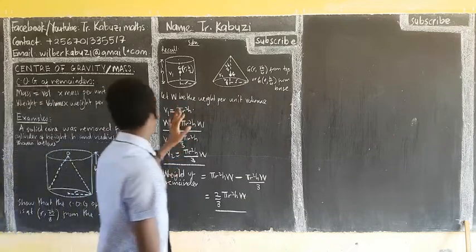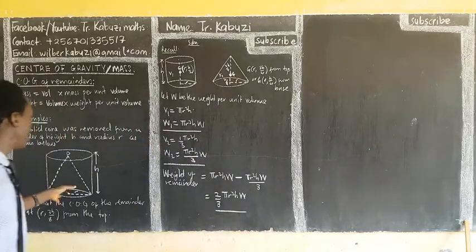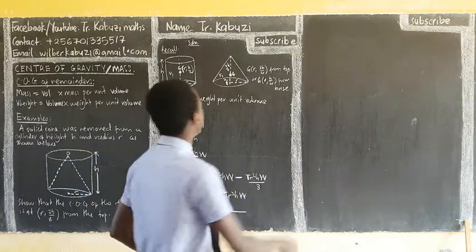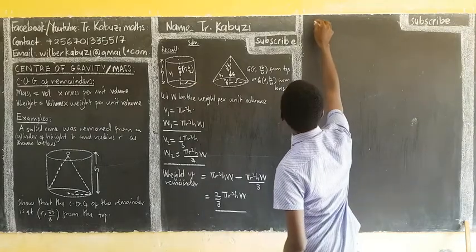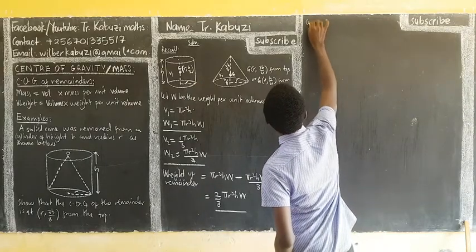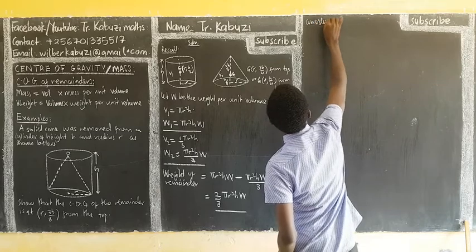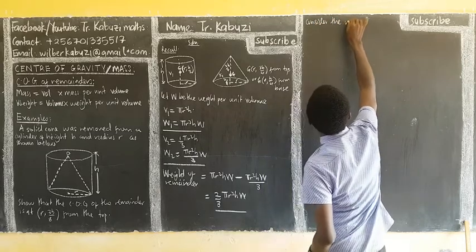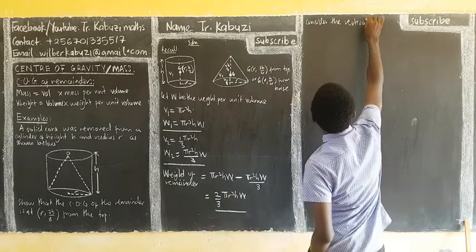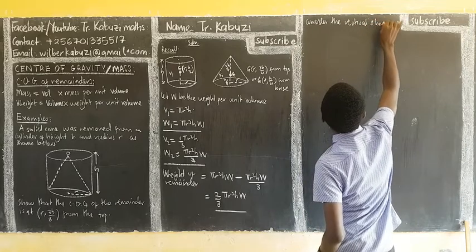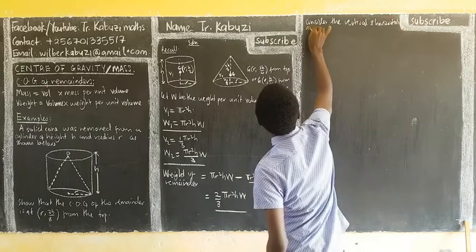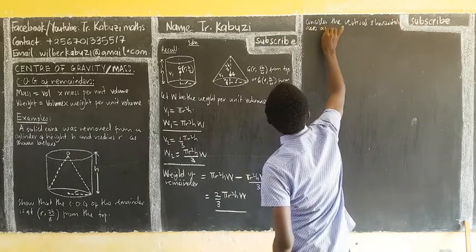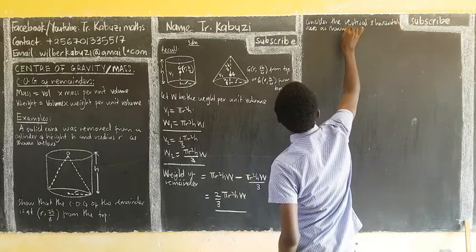Now, from here I'm going to consider the axes, the vertical and horizontal axes, for these two solids as shown below.